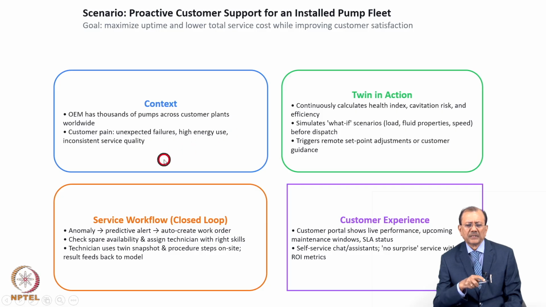This was the problem statement, and here is how the twin helps: continuously calculate health index, cavitation risk and efficiency, and simulate what-if scenarios of load, fluid property, speed. This is a part of the digital twin action domain, I will call it. And then set up the feedback loop, so that if any anomaly is there, it can be fixed.